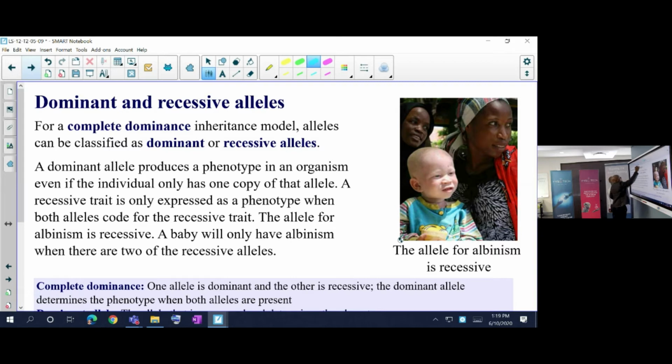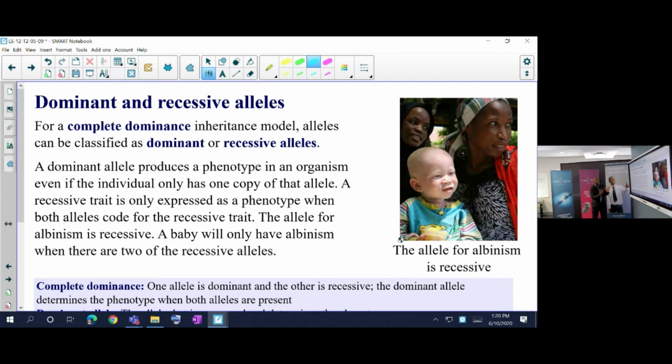Right. Here we say for complete dominance inheritance models, alleles can be classified as dominant or recessive. On my first vocabulary, I ran through them. There was dominance, there was incomplete dominance, there was the term co-dominance.